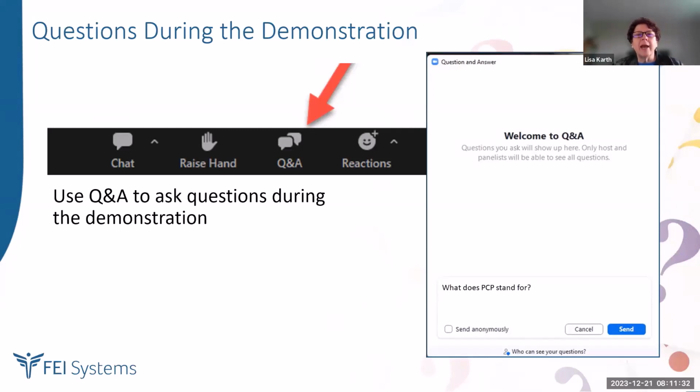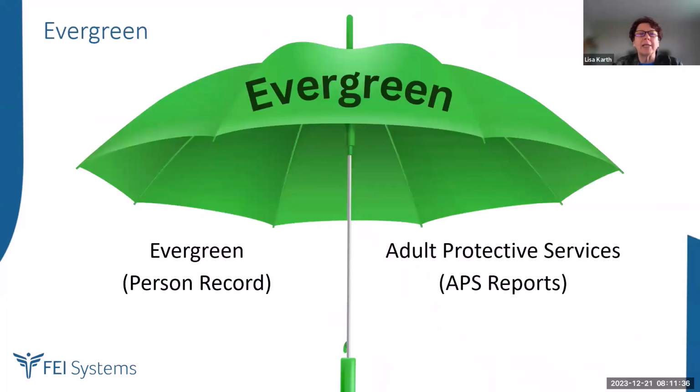All right, enough of that housekeeping type stuff. Let's go into Evergreen. There are two areas of Evergreen. Think of Evergreen like an umbrella. One side of Evergreen is the person record, and this is where essentially all of the care coordination occurs. The other side is the Adult Protective Services side.